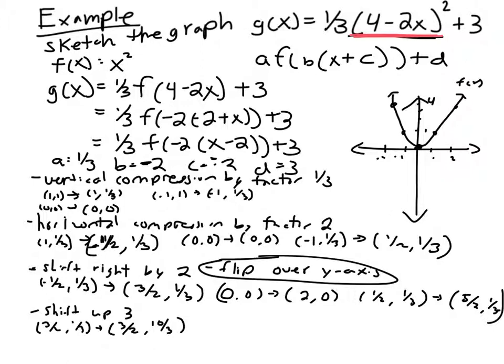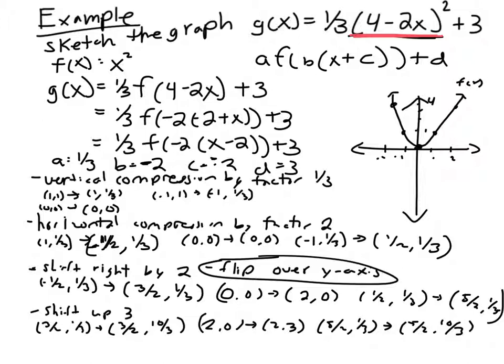Okay, and then 2, 0 is going to go to 2, 3. And then lastly, 5/2, 1/3 is going to be 5/2, 10/3. Okay, so now I can graph all this.